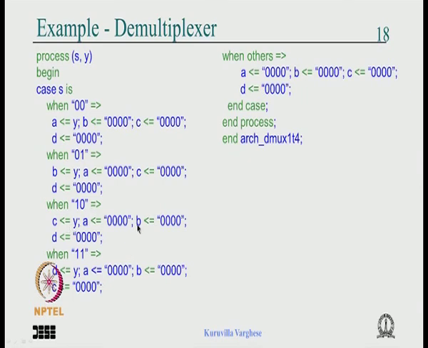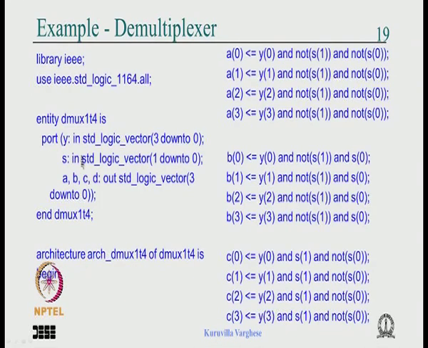So we write the equation. This shows the library, and the entity where Y is input, which is a 4 bit vector 3 down to 0, S is the select line which is a 2 bit vector, and A, B, C, D are the outputs which are all 4 bits. So it is a 1 to 4 demultiplexer with 2 select lines. In the architecture, we write A0 is nothing but Y of 0 and not of S1 and not of S0.